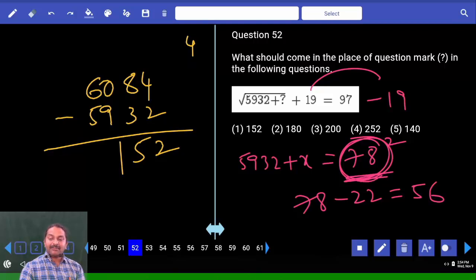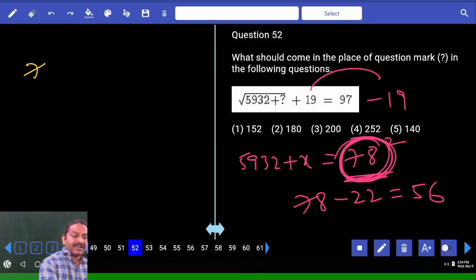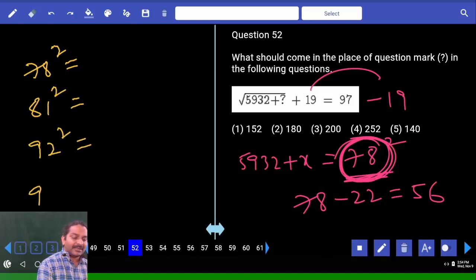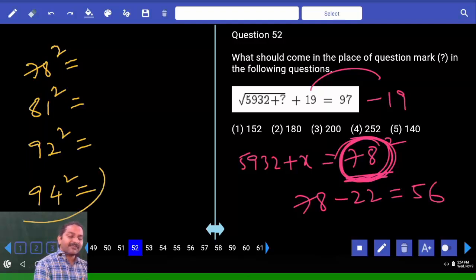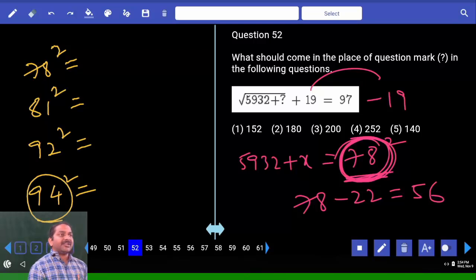This square, should I tell one more time? Come on. Right. 78 square, 81 square, 92 square, 94 square. Let's see like this. I'll start from here. Bottom to top, it will be easy. First, you need to observe, given number is how much less than 100.